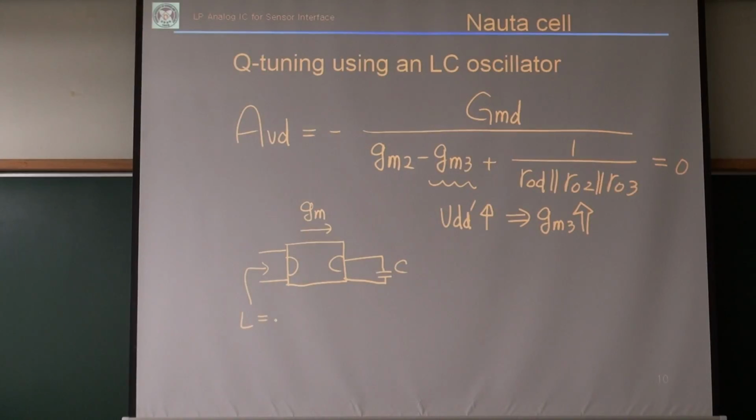This inductor is GM square over C, C over GM square, I'm not sure. Which is which? L over C. Yeah. C over GM square. Is it right? Yeah, I think this is good. Square root L over C is an impedance. It should be 1 over GM.